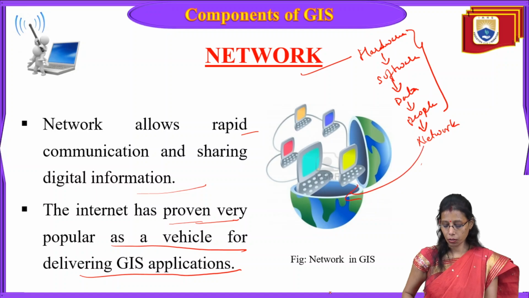This will help us share information from one place to another place, to different countries, and share our ideas to get the present information on what is going on in different parts of the world. So mapping of different cities and developing countries, and developing areas, all that information can be helpful with the help of the networking system.